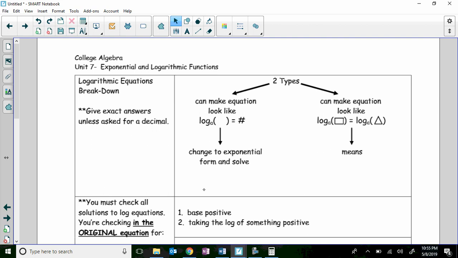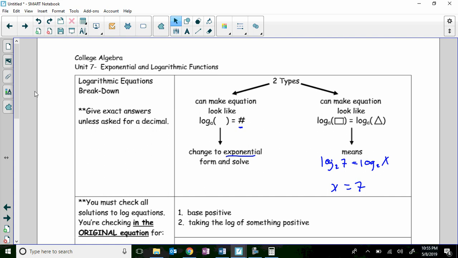So can you get the log by itself? Can you make it equal just a number so that you can switch to exponential form? Or do you have the same base? So do you have log base 2 of 7 equals log base 2 of x, whereas x would just equal 7?